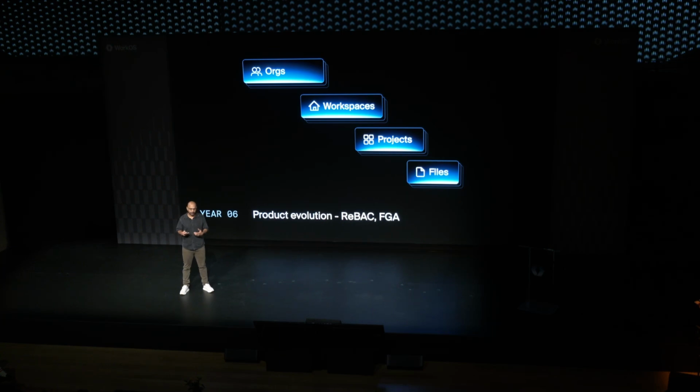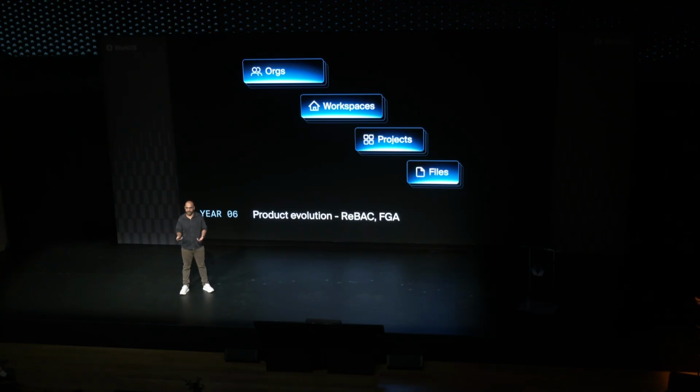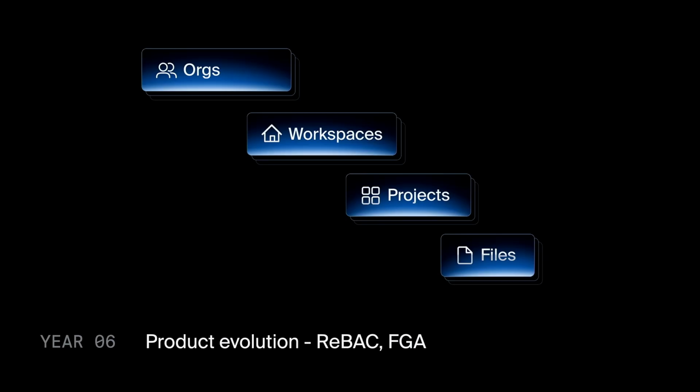What do I mean by that? When I logged into Figma, I was an admin, and I was an admin from every single resource point of view. Any action I did or any resource I touched, I was still an admin, right? So it was kind of like a two-dimensional graph. But now with the introduction of workspaces and projects, when I log in, I'm still an admin from the organization point of view.